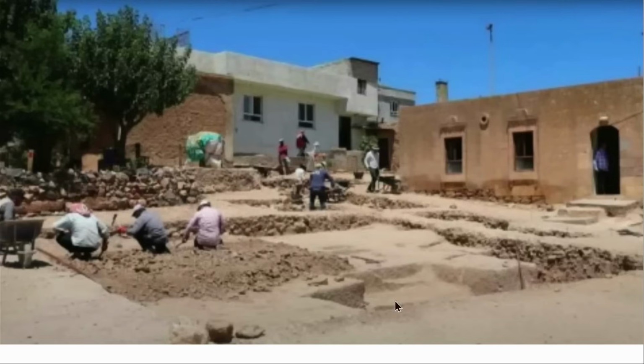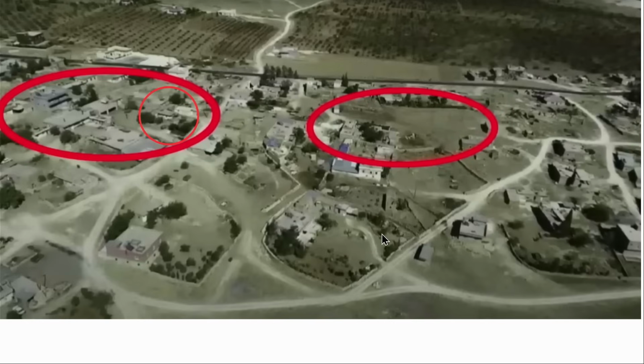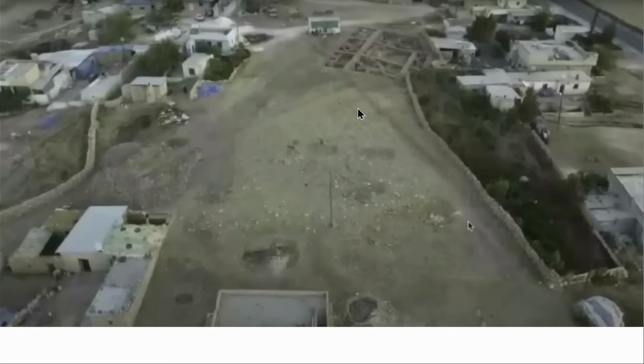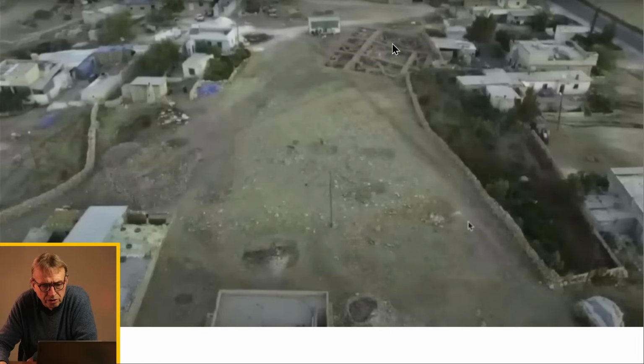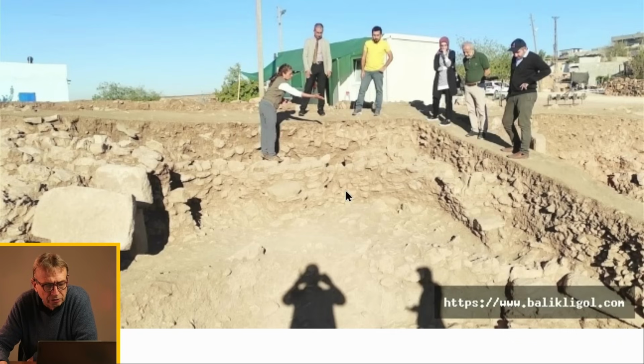You can see how they are digging around. And many very important things were found. So this is the spot I'm talking about, and the zone here has been excavated, and then further south also excavated. Here you can see more excavations slightly south of what I just showed you.